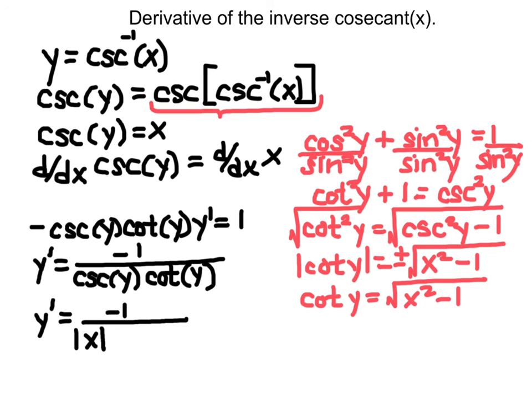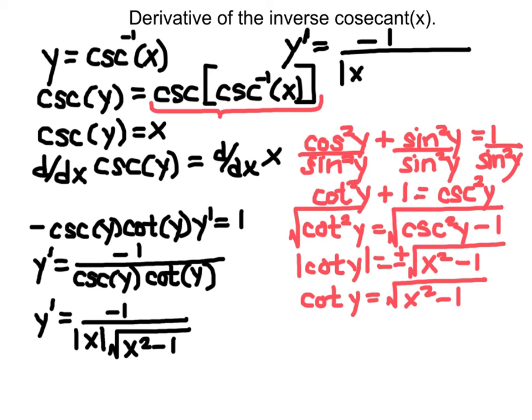And so this value for cotangent of y is replaced with what it's equal to in terms of x, which is the square root of x squared minus 1. So we have that if y is equal to the inverse cosecant of x, then y prime is equal to a negative 1 over the absolute value of x times the square root of x squared minus 1.